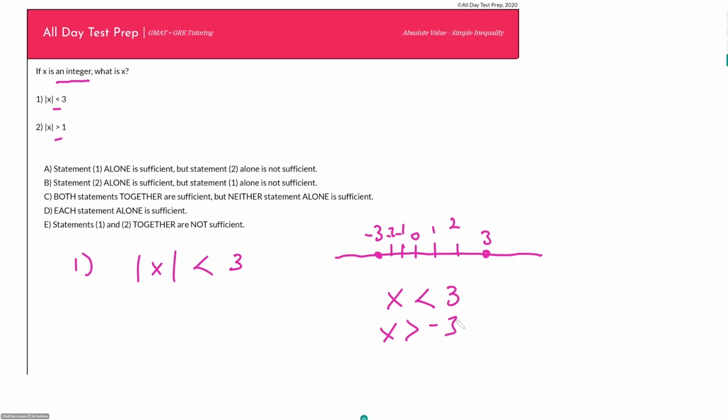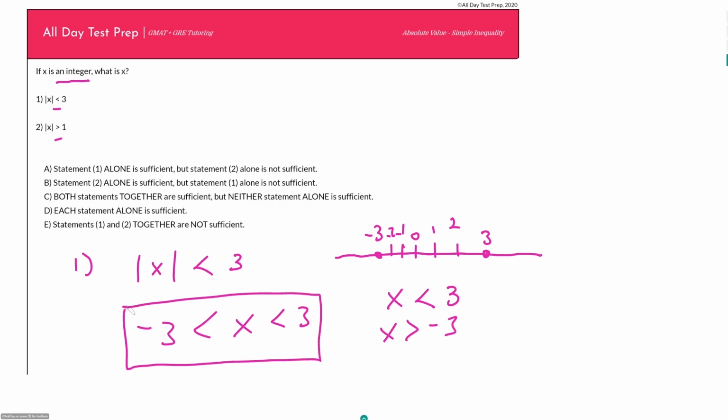Then we can combine our two ranges here, starting with this first boundary. So that means x must be less than 3, and x is greater than -3. And so we can just get a single range here.